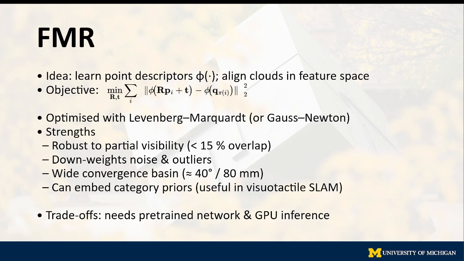It also allows us to inject category-level priors, which is especially useful in visuo-tactile SLAM. The trade-off is a need for a pre-trained network and GPU inference, but it provides the most stable performance in challenging scenarios. Then let my teammate give the results.